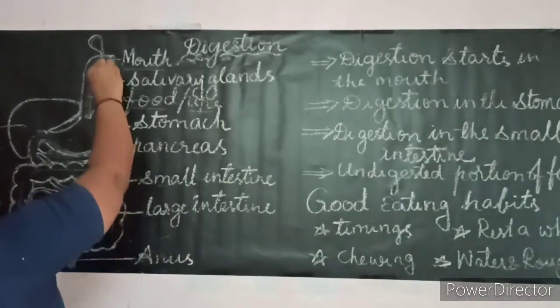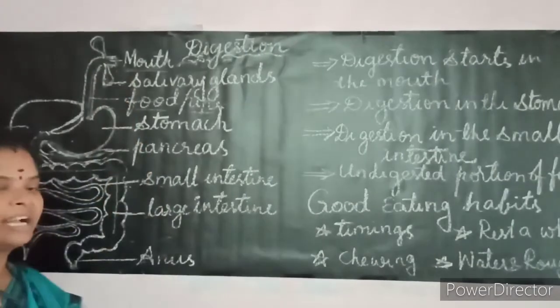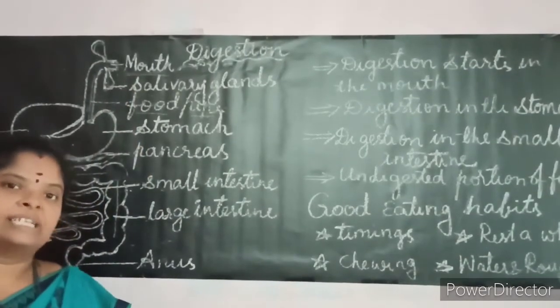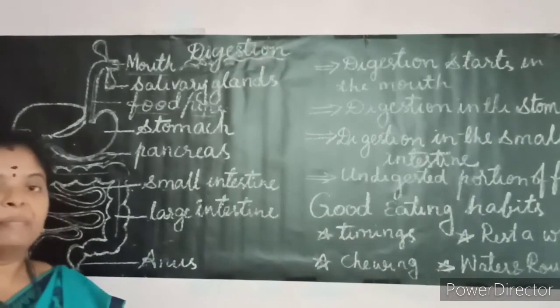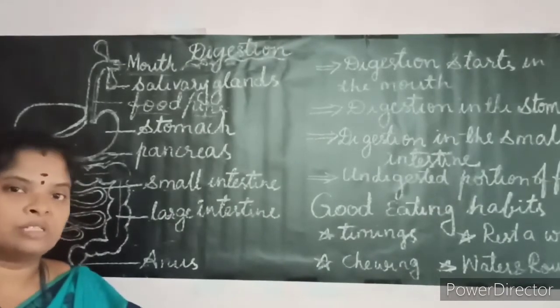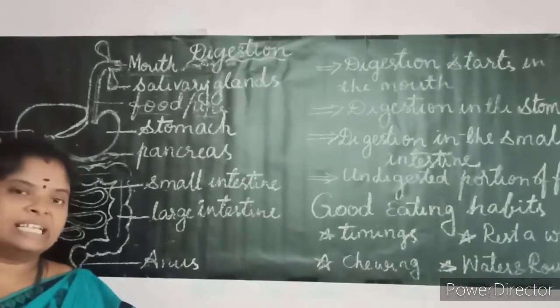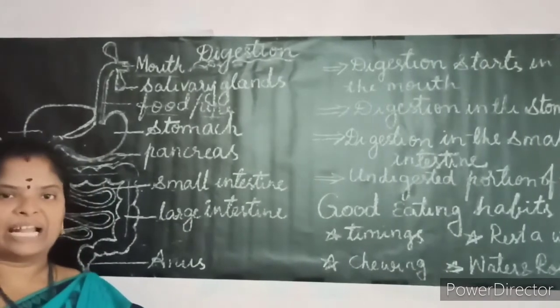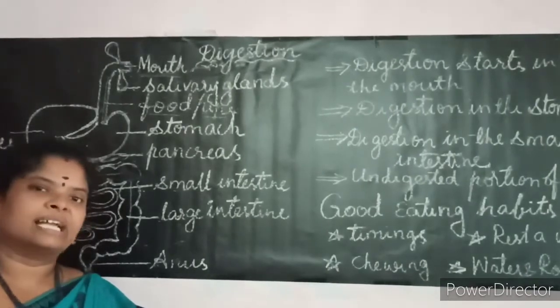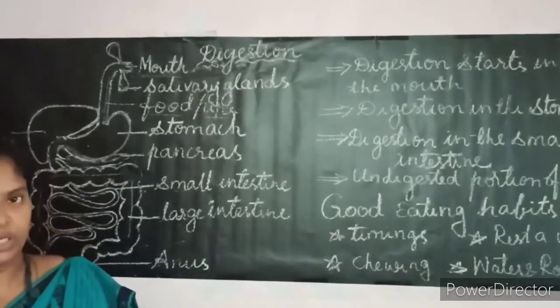Here in the mouth, with the help of this saliva, carbohydrates are broken down into a simpler form, that means into soluble sugar. As we learned earlier, there are two types of carbohydrates. One is starch and the other is soluble sugar.